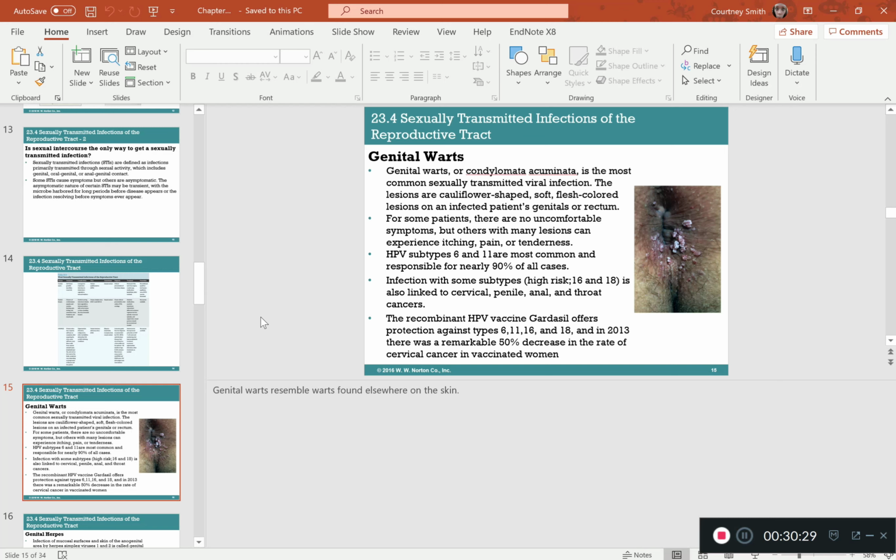If a patient does have genital warts, a lot of times they will have these cauliflower-like skin lesions. A lot of times they're soft to the touch, but sometimes they can be very painful for the patient. They can be very tender, very itchy. A lot of times patients will opt to have them removed, and just because they have them removed does not mean they can't come back.